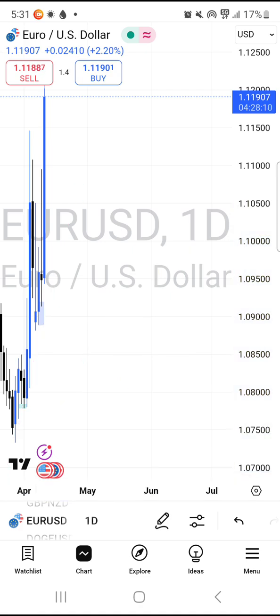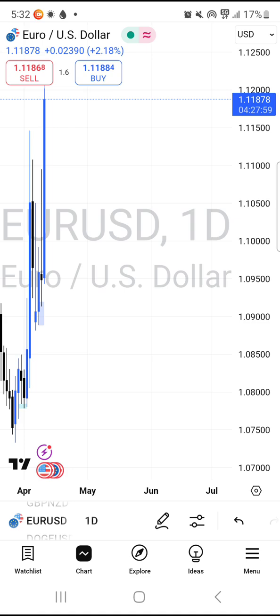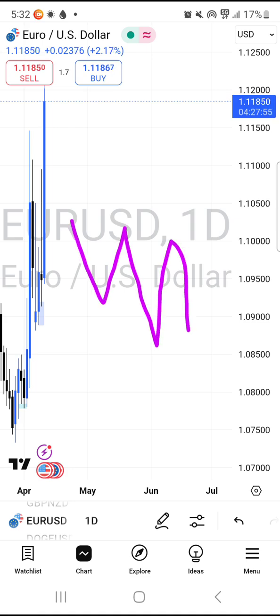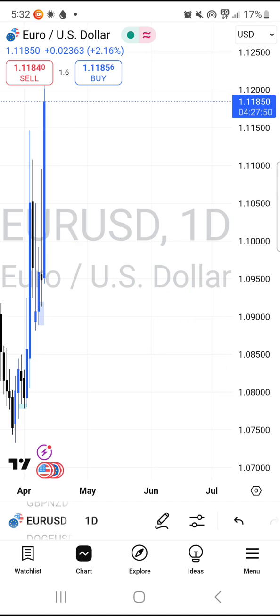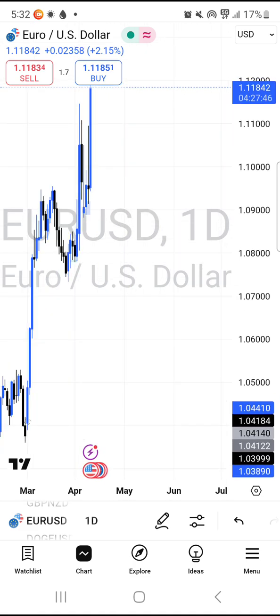I don't want my chart to be dirty. So the market keeps creating highs like this. The market is in an uptrend. The market keeps creating lower lows like this. Market keeps breaking lows and going down. We can say the market is in a downtrend. So in an uptrend, you want to look for buys.